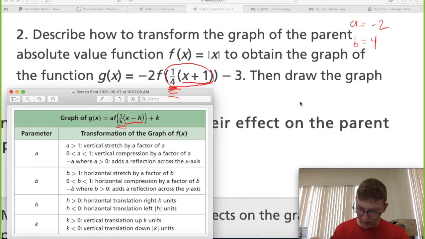Here we have x plus 1, so h is going to equal -1. So this sign always changes. Okay, don't forget that. And last but not least, we have this -3 on the outside, so our k is going to be equal to -3.